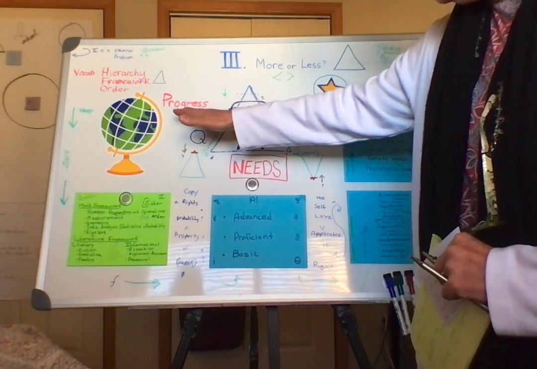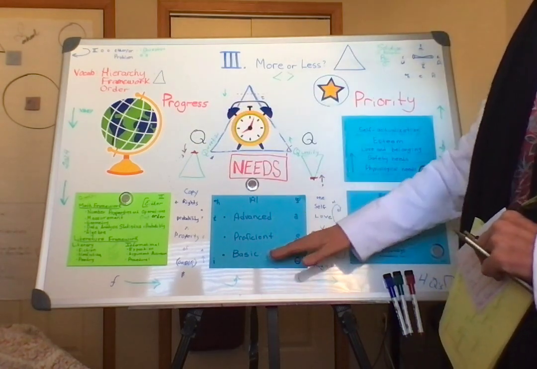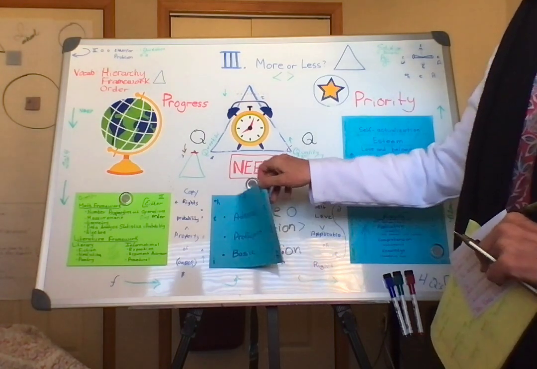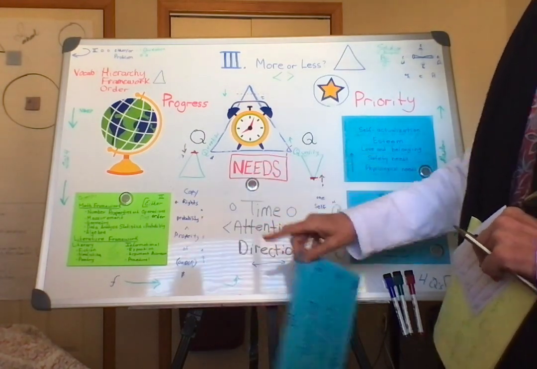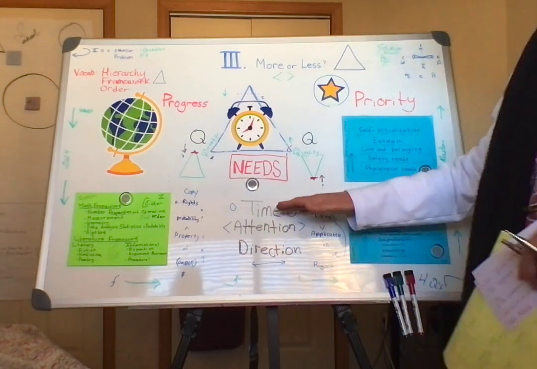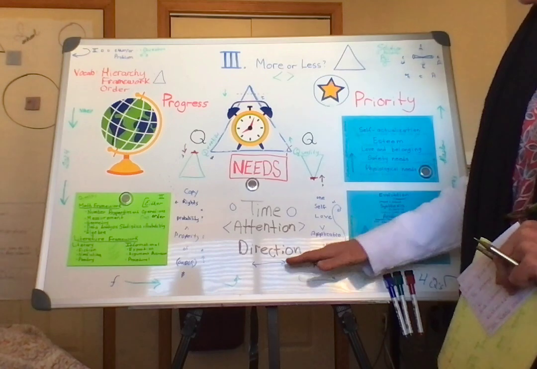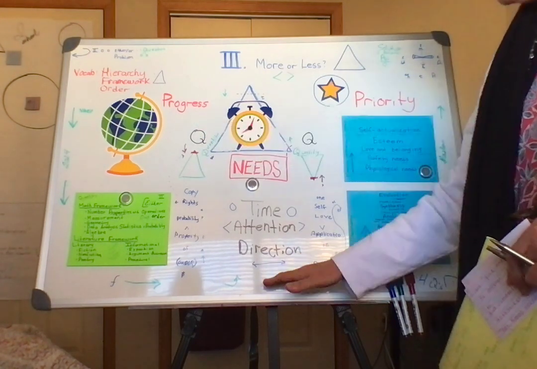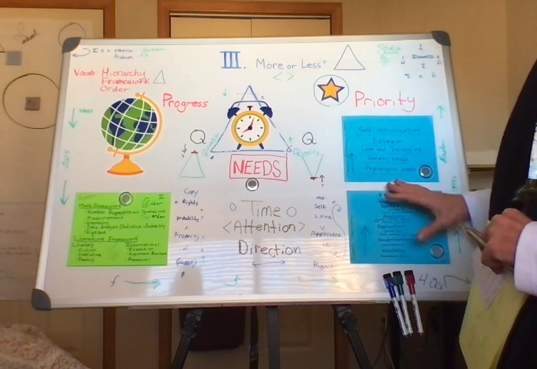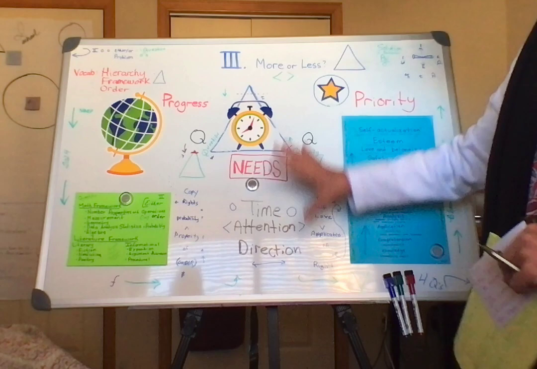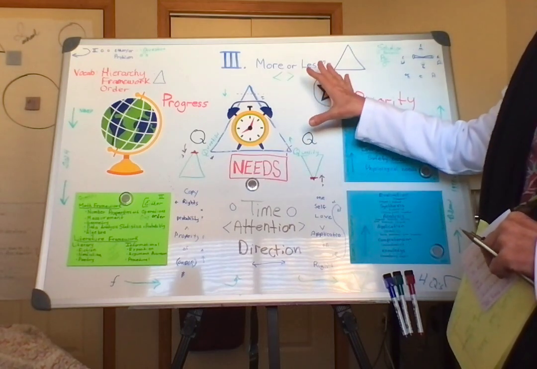The grading for the NAEP is basic, proficient, and advanced. And I'll have some questions on definitions for that later. But I guess what I want to talk about is, like, where does your time go? Where's the attention? And what's the direction of education? Is it for progress, or is it more for a priority for you? And which do you want to lean to more or less?